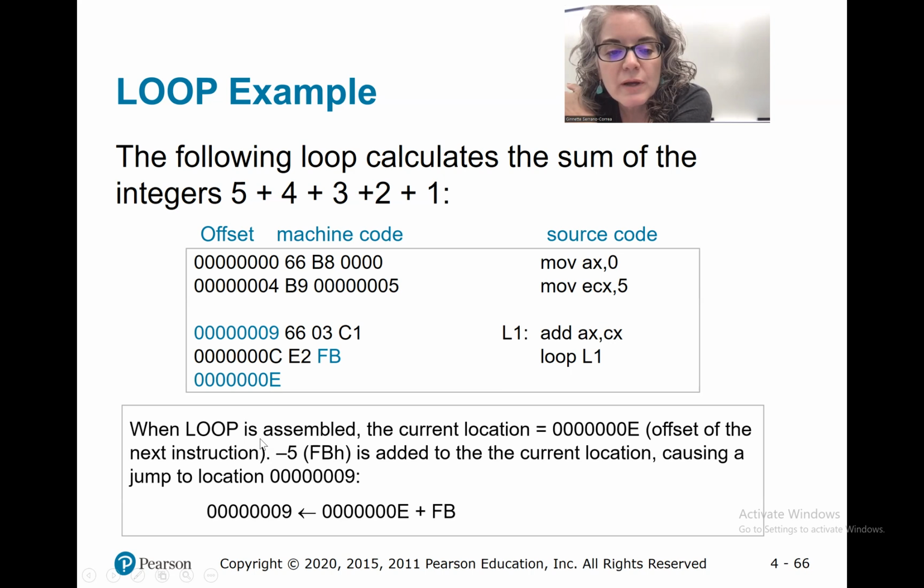The offset of the next instruction is added to the current location. So we subtract 5, causing it to jump back up here.